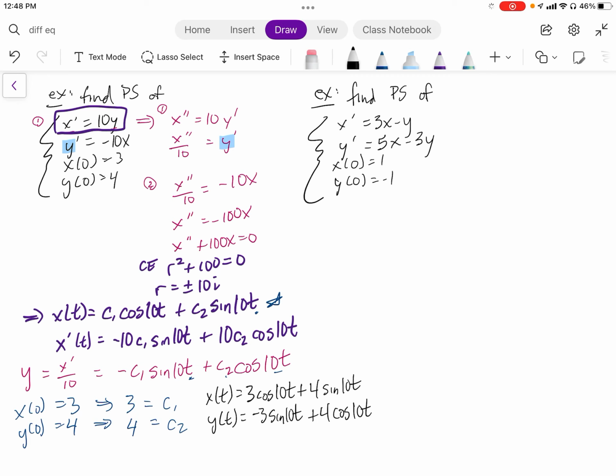And if you want it ordered consistently, we could swap those, but that doesn't matter. That is the particular solution for that first one. Let's move on to the second one here.